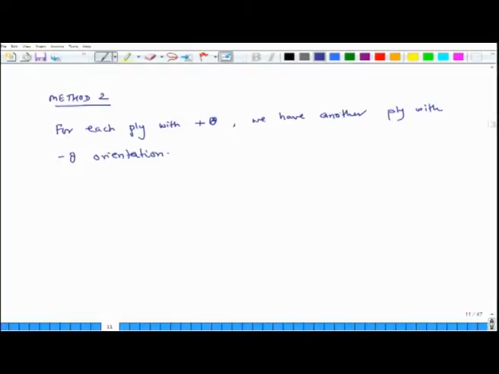And here of course, we are assuming that thickness is the same, material is the same.